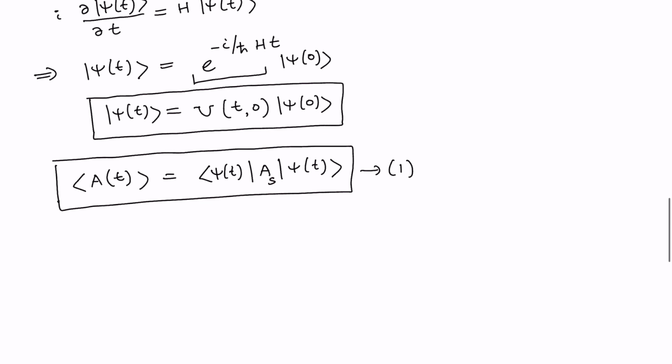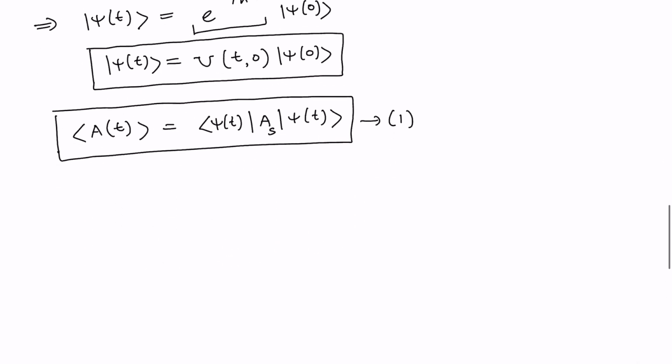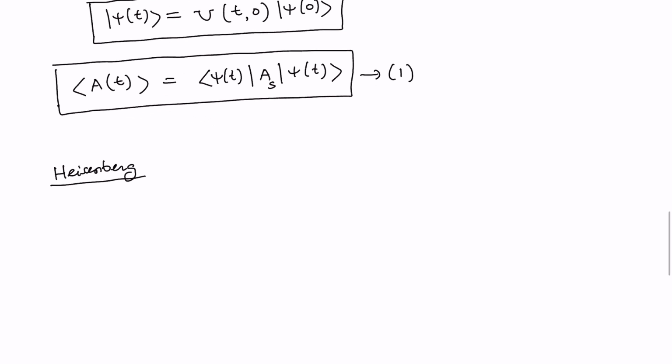Now there is an alternate picture, that is the so-called Heisenberg picture. In the Heisenberg representation, the operator is now time dependent, and in that case the expectation value of the operator is worked out by this formula, and the state vector is now time independent.